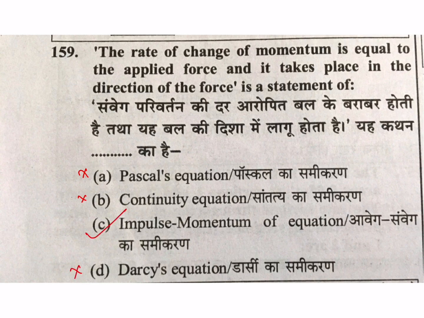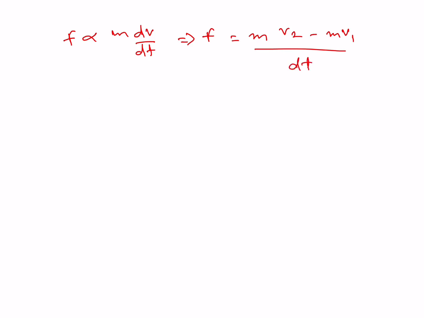Impulse momentum equation. The rate of change of momentum is equal to the applied force. Newton's second law, F is proportional to m dv by dt. F equal to m into (v2 minus v1) by dt, or F dt (impulse) equal to mv2 minus mv1.